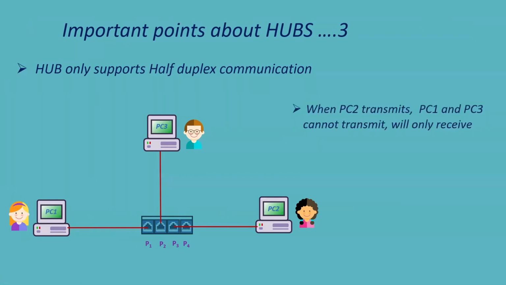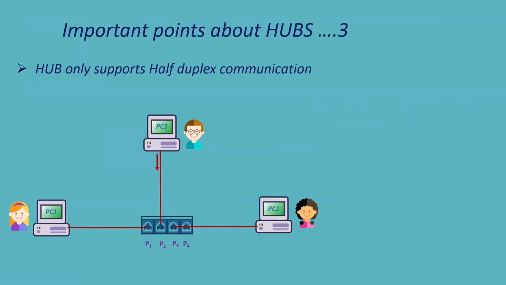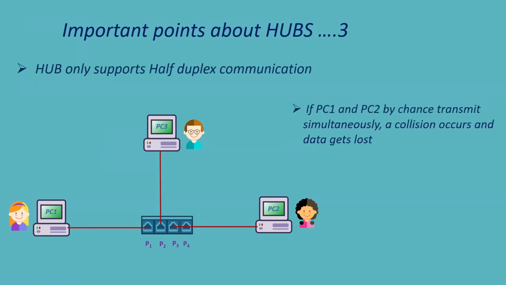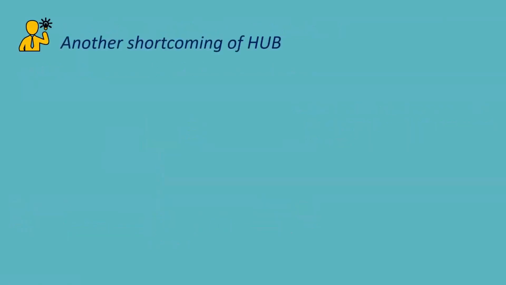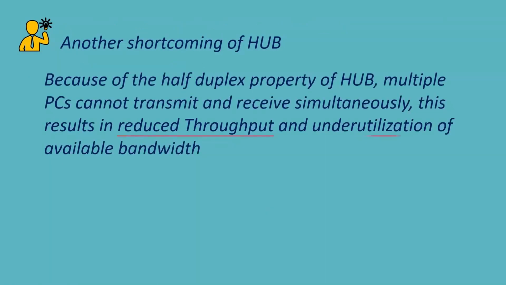Similarly, if PC2 wants to transmit, PC1 and PC3 will only receive. And likewise, if PC3 is transmitting, only PC1 and PC2 can receive. Now, if by chance PC1 and PC2 transmit simultaneously, then a collision will occur and the data will get lost. So this is another shortcoming of the hub.